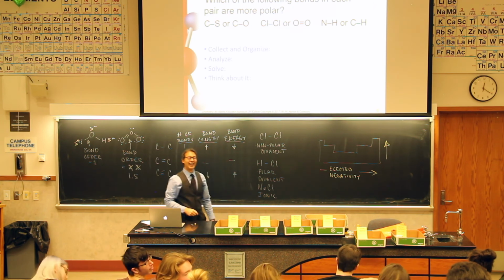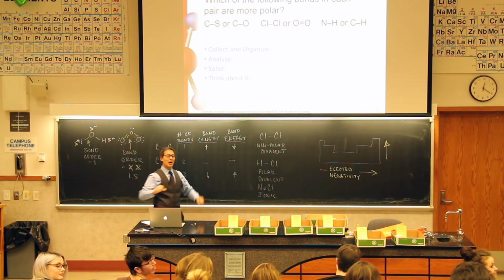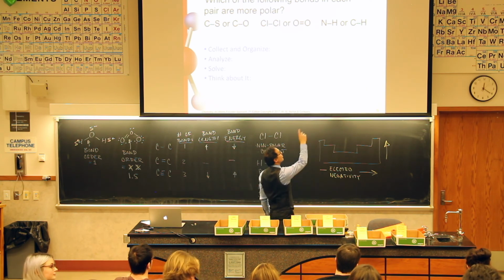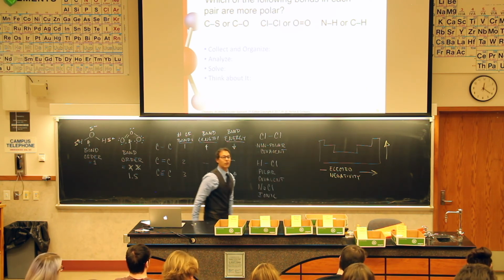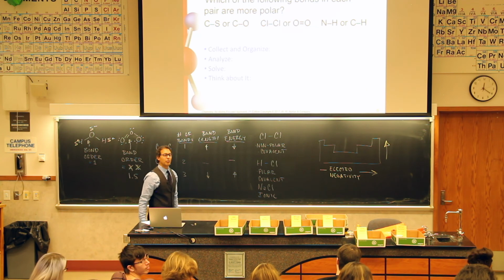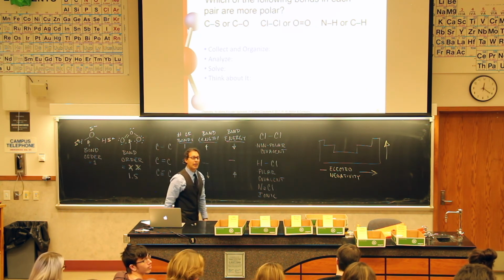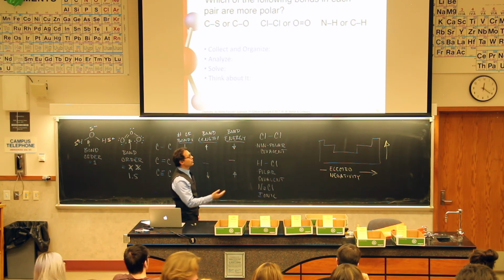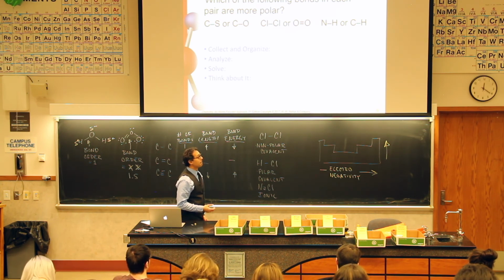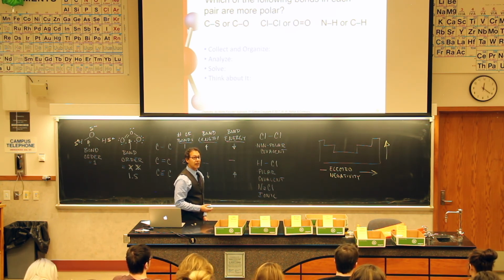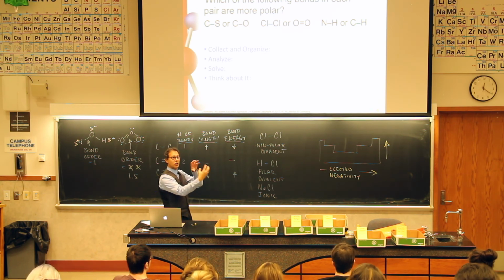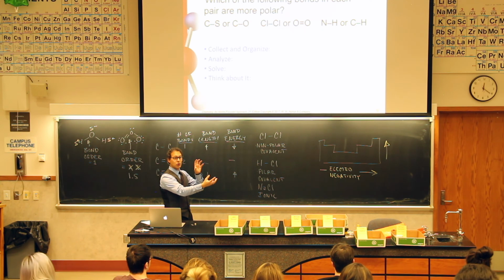Nice. Okay, Tabitha, I need one more person to help me out with that last one there. Sam. Sam, help us out here. I've got nitrogen, hydrogen, and carbon and hydrogen. Which one of those, Sam, would you feel would be a more polar bond? Nitrogen and hydrogen. Okay, and why would you say that? Nitrogen is further apart from hydrogen, so a greater distance between the two.